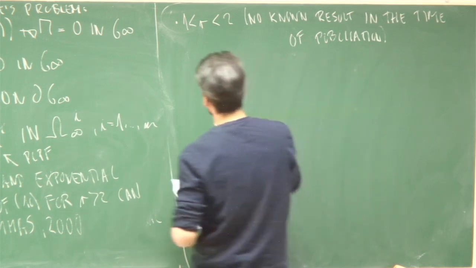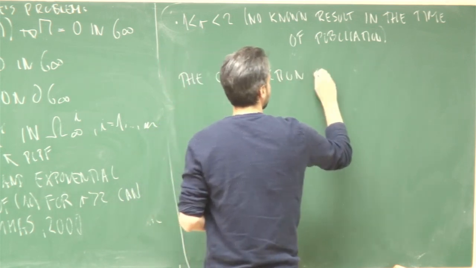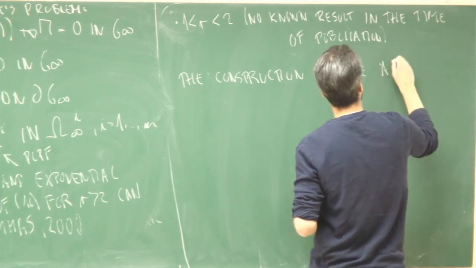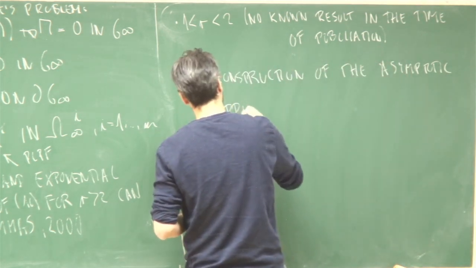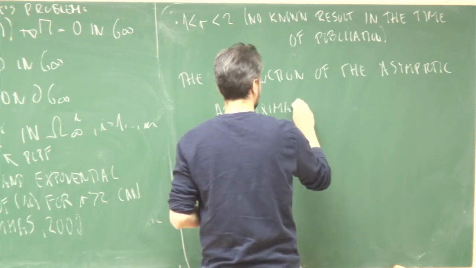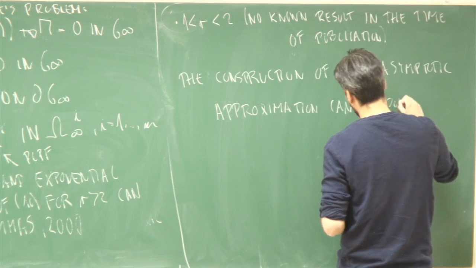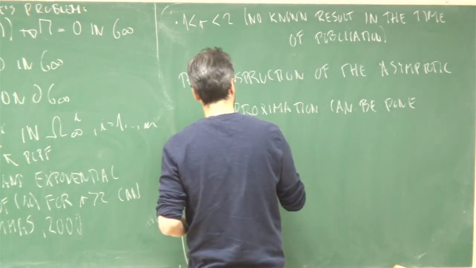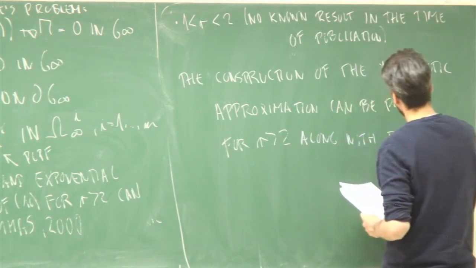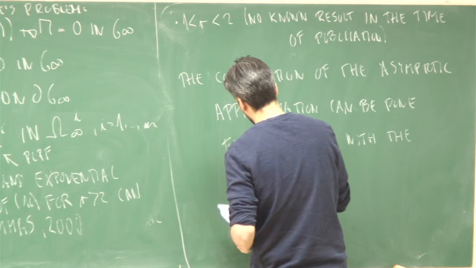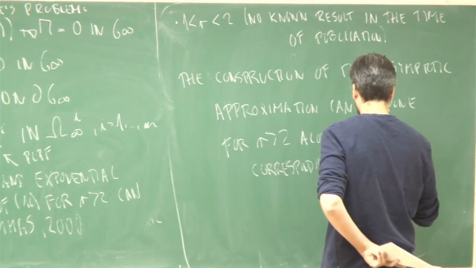Okay, and of course the construction of the asymptotic approximation can now be done for r bigger than 2, along with the corresponding error estimate.